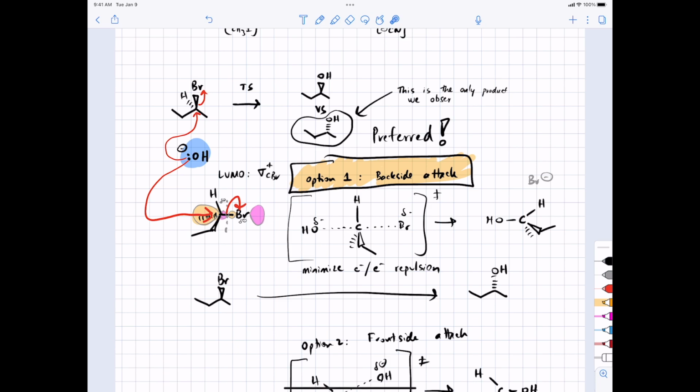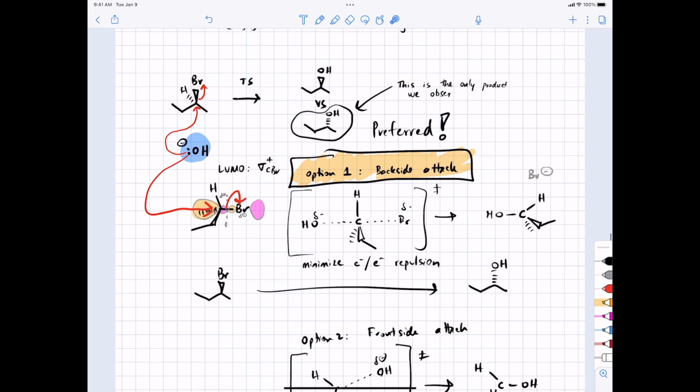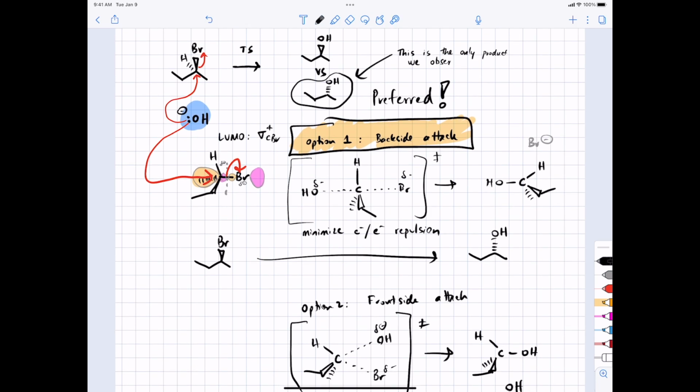We considered the consequences of backside attack, and we showed that backside attack should give you what we're going to call inversion of stereochemical configuration.